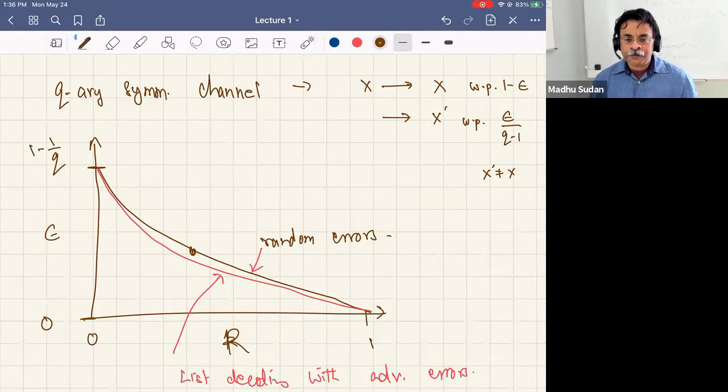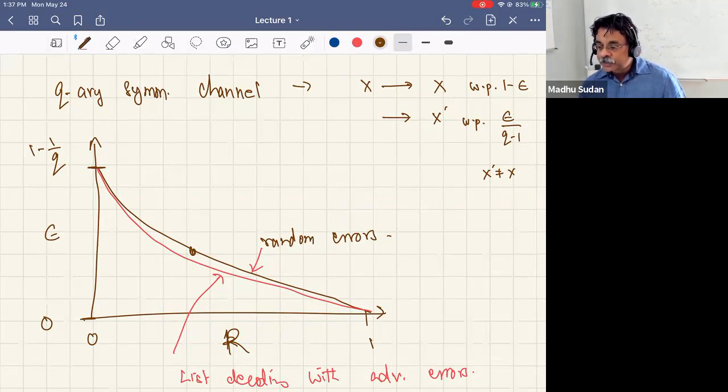For example, a few years back, Tashma got one of the best paper awards, I think at STOC or FOCS, for discovering explicit binary codes which achieve this kind of bound, but with inefficient encoding and decoding. So we are very far from that regime yet, but we are making progress slowly.